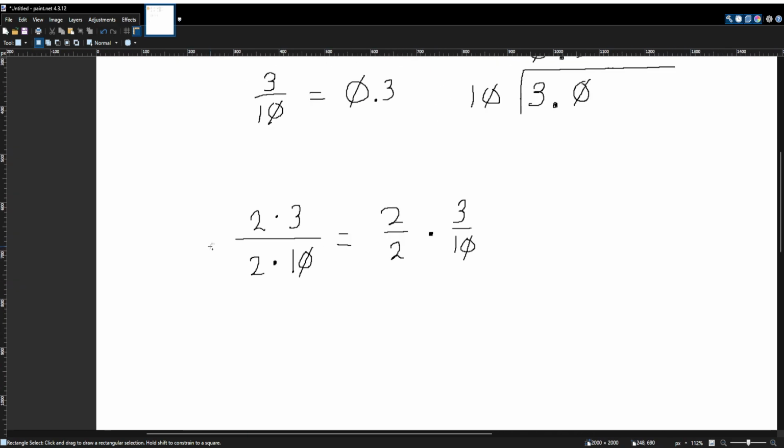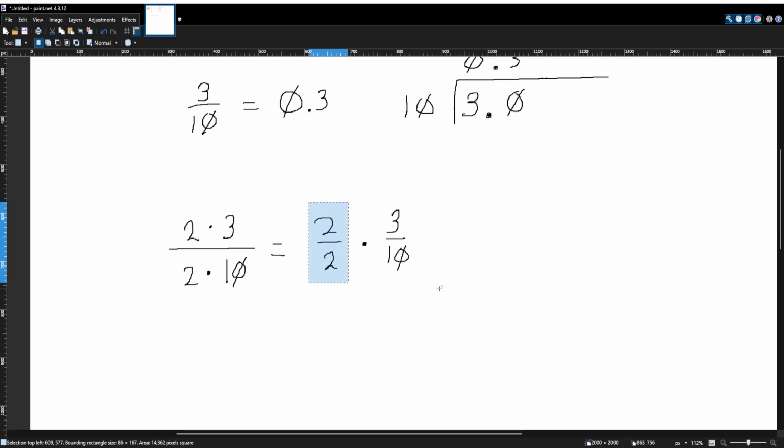And so when I split them apart like this, well, what is 2 divided by 2?